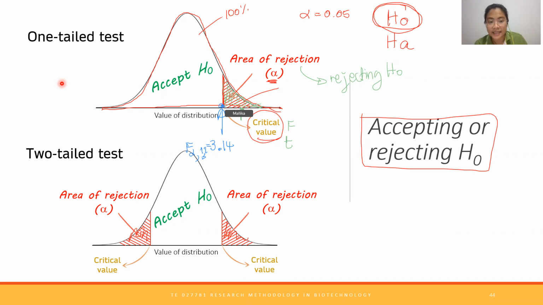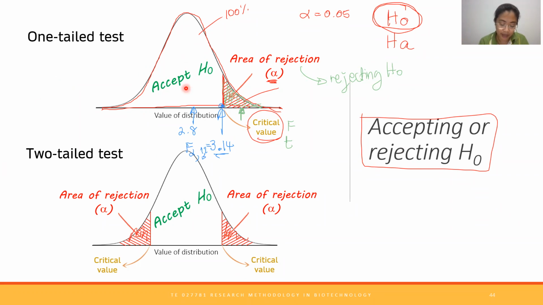If you calculate the F value based on the data from your experiment and your F value is less than 3.14, maybe 2.8, that means it falls into the area where you are accepting H null.